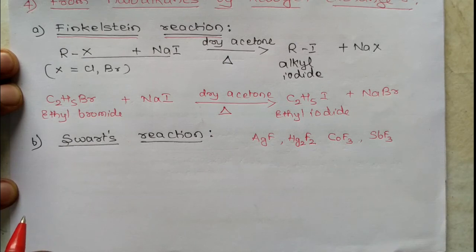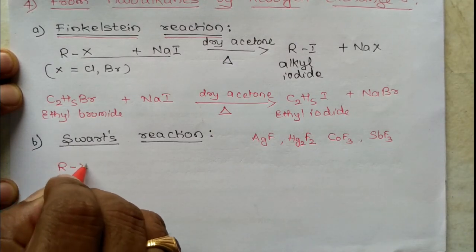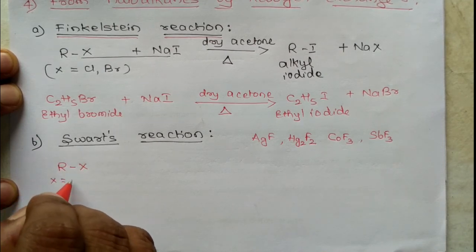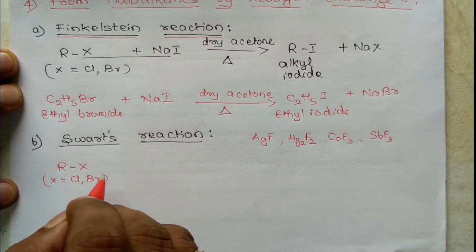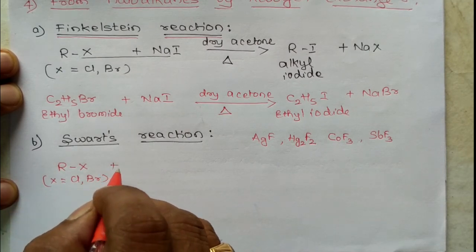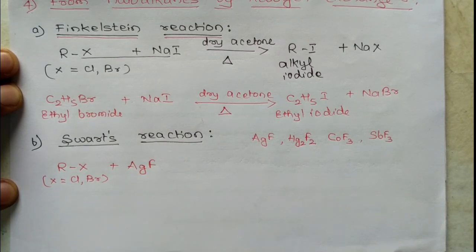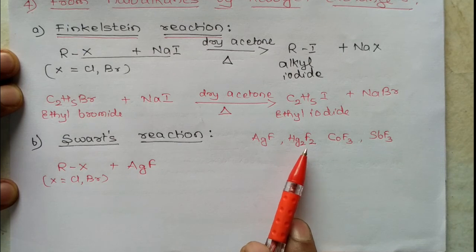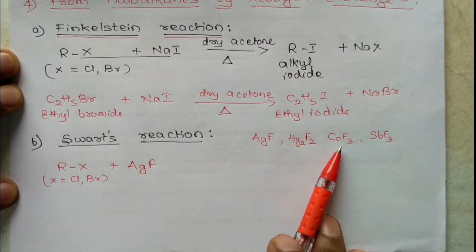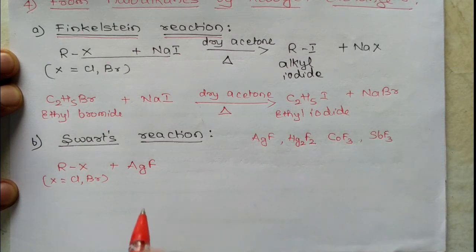I will write that reaction: RX, where X is equal to Cl or even Br, made to react with metallic fluorides such as AgF, silver fluoride, or mercurous fluoride, or cobalt fluoride, or antimony fluoride, gives alkyl fluoride.